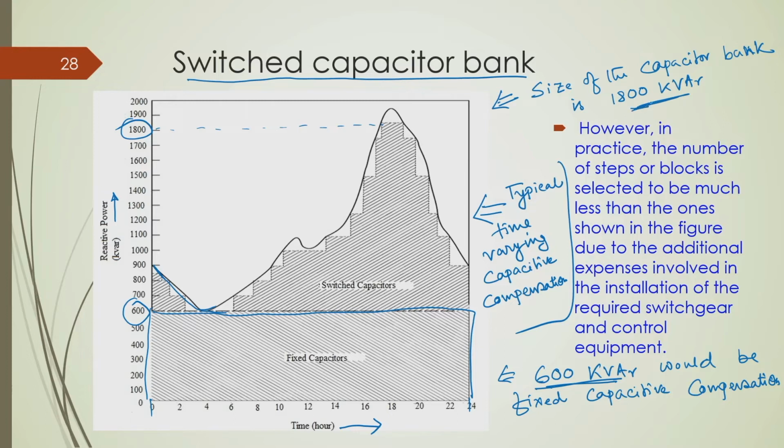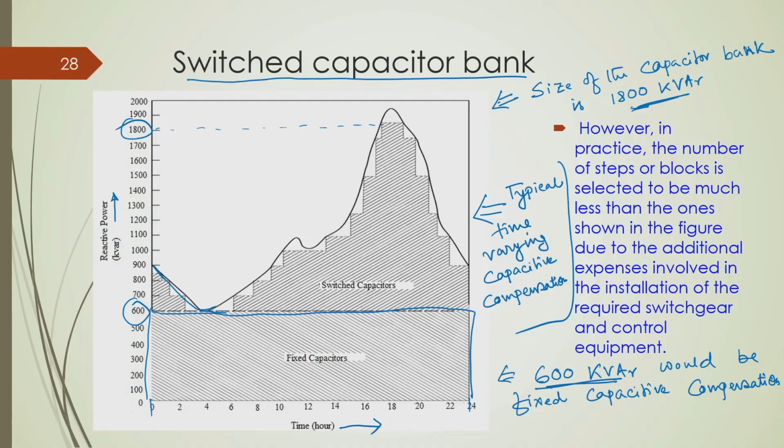So, actually utilities follow this practice, that some of the capacitors are kept fixed and some of the capacitors are switchable. So, you can see that even though the capacitor bank size is 1800 kVAr, only 30%, one third of that capacitor are kept fixed. Okay. And this is to compensate this base load condition, and the rest are switchable.